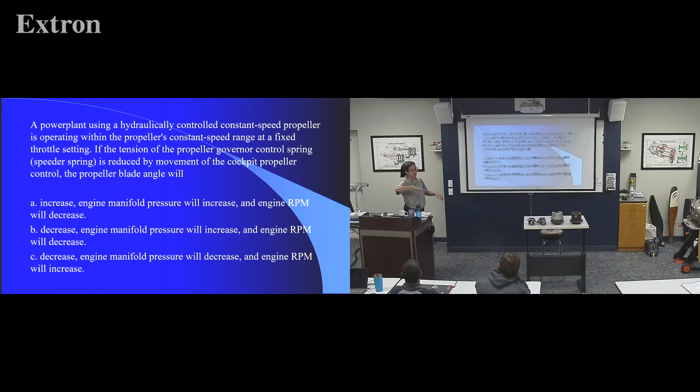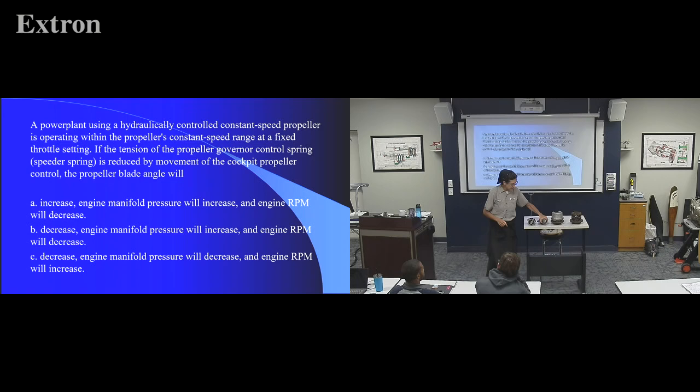Question? Like we talked about the other day, if that governor control cable between the cockpit and the governor snaps, that's going to allow the spring to have full downward tension on it and bring the blades to low pitch.